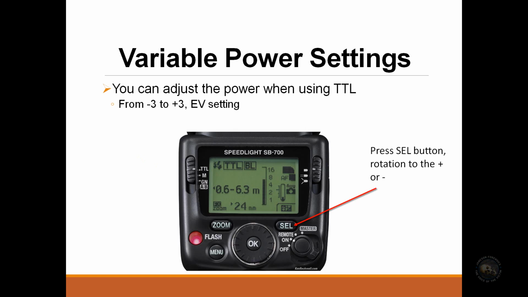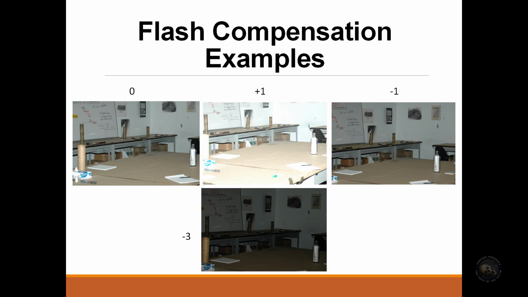As you can see here, the plus or minus allows you to adjust the power. Here are some examples of using the power. In my opinion, the -1 in this example is probably the best photograph using the flash.